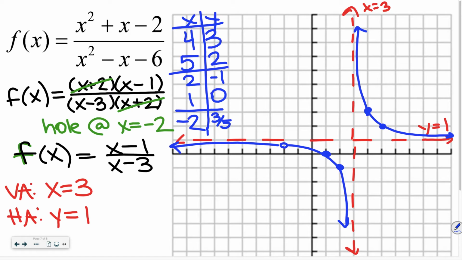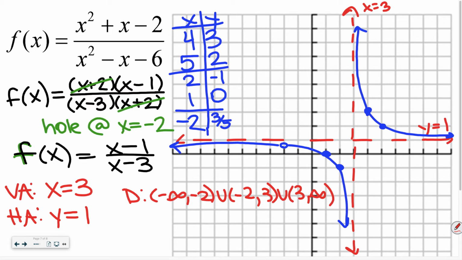Which one did we use to plug into? The simplified one. Now real quick, when we talk about the domain, we have to exclude the hole and the asymptote. So we have to exclude negative 2 and 3.